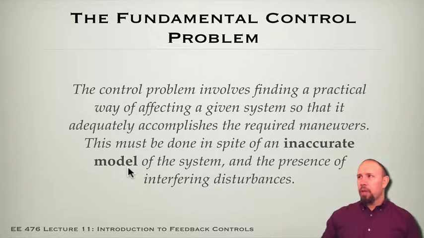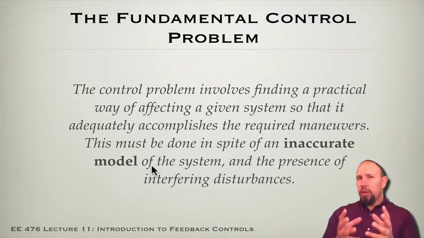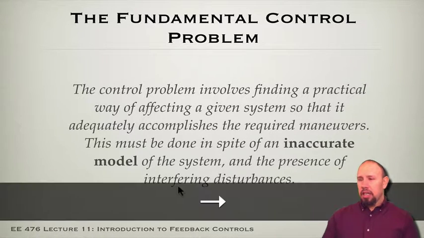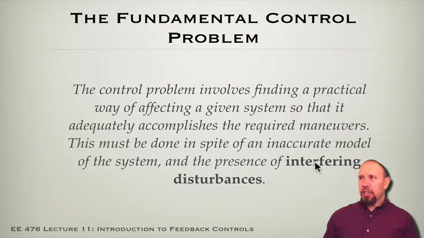And so we have an inaccurate model of the system. We want to work with a model of a system, and yet we have to recognize that our models may have limitations associated with them. And the presence of interfering disturbances. That's the other thing. There may be interfering disturbances for the system.